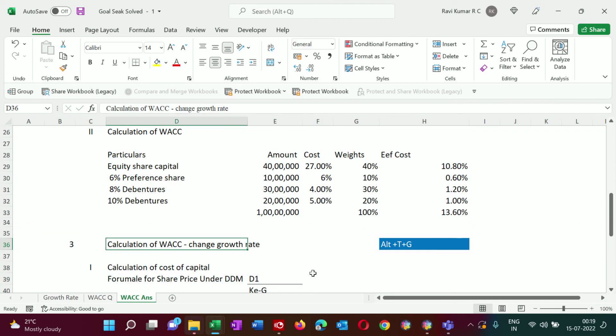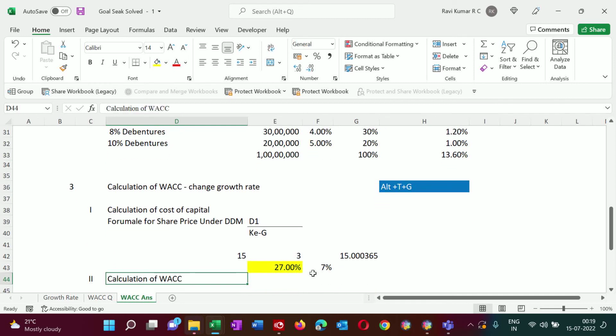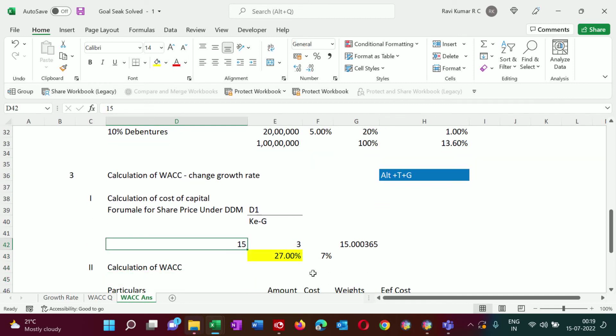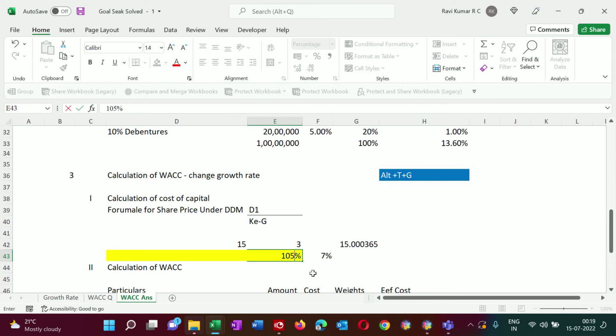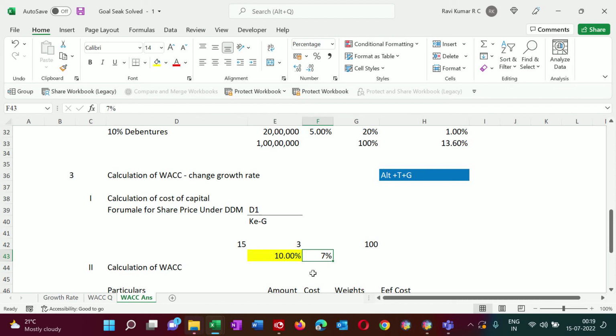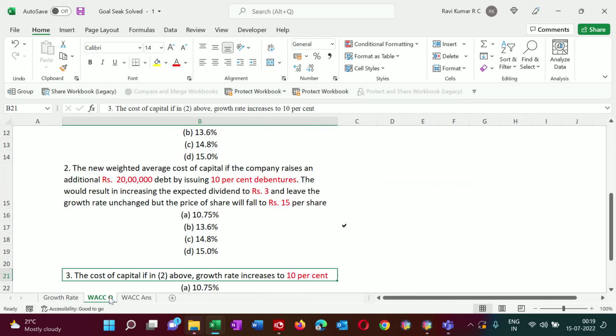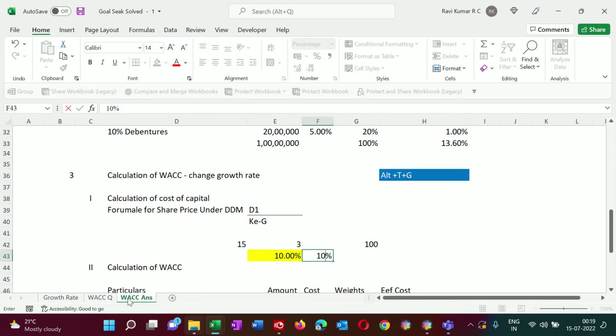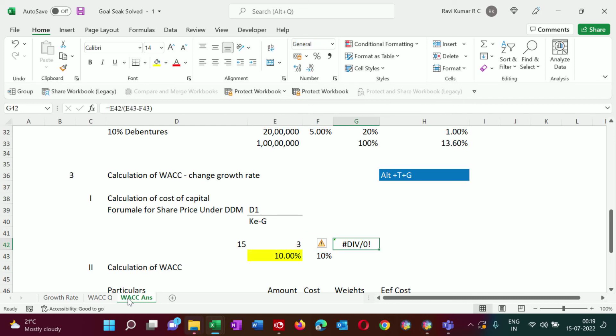This is 3, right? Now the price is the same, correct? Dividend is the same, correct? K I will take as 10% only. It's an assumption for the formula purpose. The growth rate, what is the revised growth rate? We say 10%. We'll take it as 10%, right?